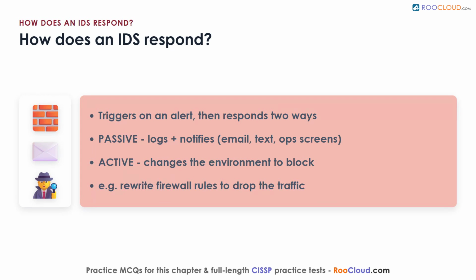An active response goes further, changing the environment to block the activity. For example, on spotting a flood from one address, it can rewrite firewall rules to drop that traffic, and against a ping flood from many sources, it can block the offending traffic type. Administrators configure these active responses in advance. Think of a passive alarm that just rings versus an active one that also locks the doors.